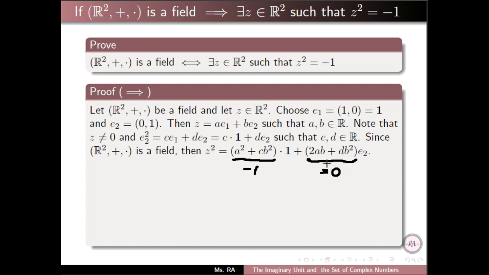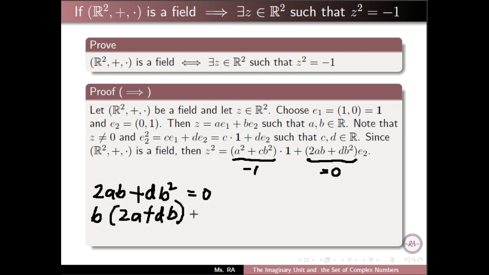Note that our aim here is to put this part, not the e sub 2, just the one in the parenthesis, equal to 0. So we have 2ab plus d b squared, and we want it to be equal to 0. Observe that this could be rewritten as b times the quantity 2a plus d b, which is equal to 0.